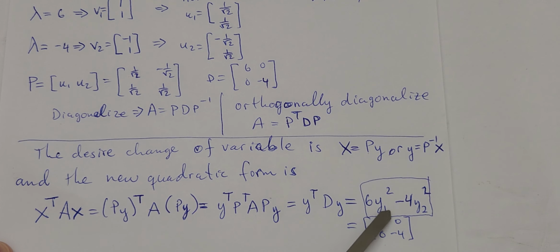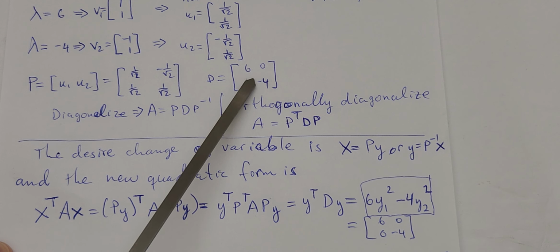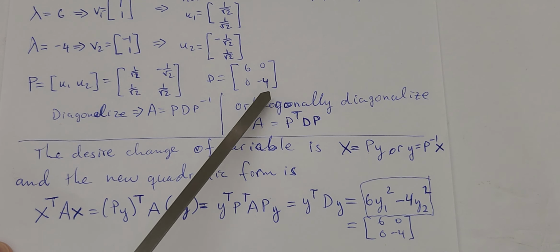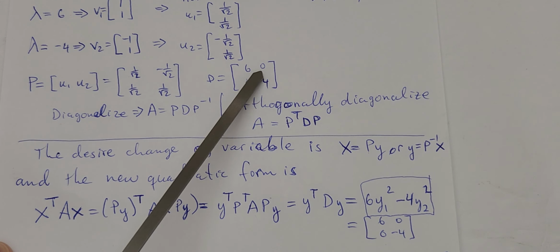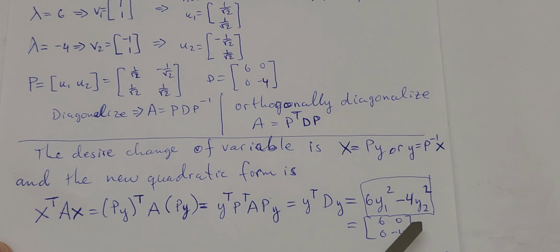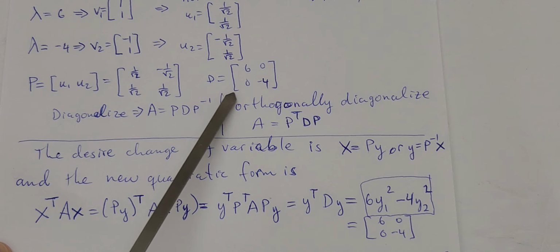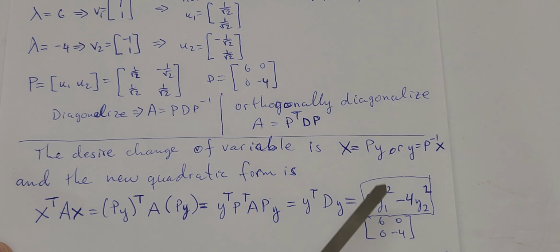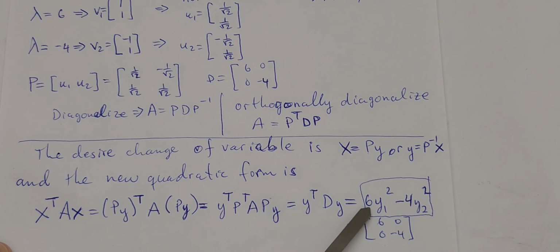So 1 is in this spot, 2 is in this spot, and there's nothing here and there's nothing here, so we don't need them. Again, the diagonalized matrix that contains the eigenvalues is rewritten in y form. This is what they want us to do, and this is the answer that we need.